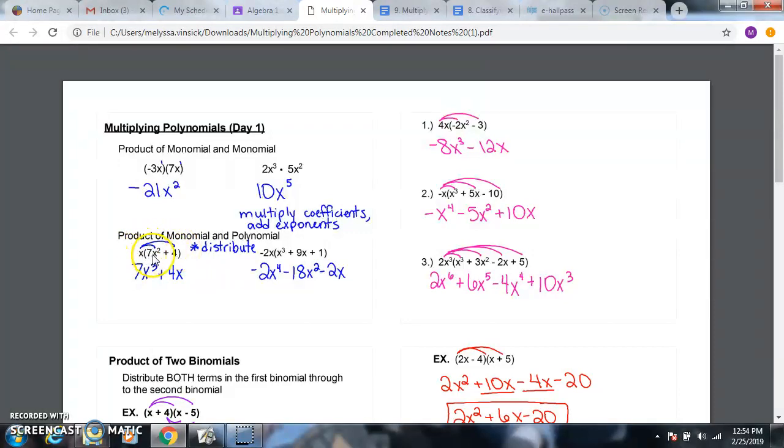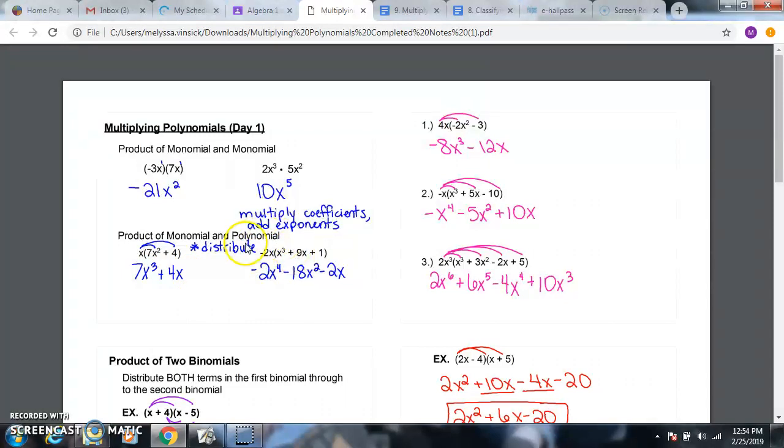X times 7x squared is 7x to the third power, since x to the first and x to the second gives x to the third. Then x times 4 is a positive 4x. So your final answer is 7x cubed plus 4x. Those are not like terms, so you cannot combine them.